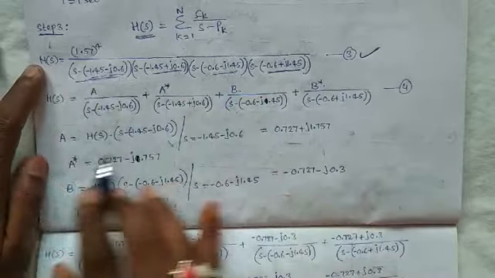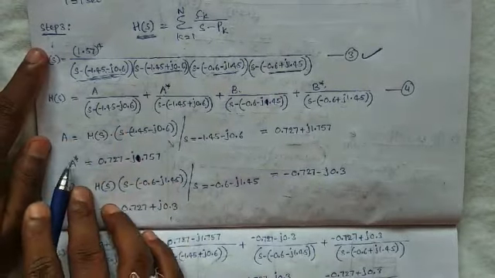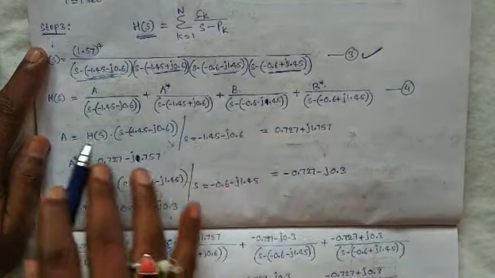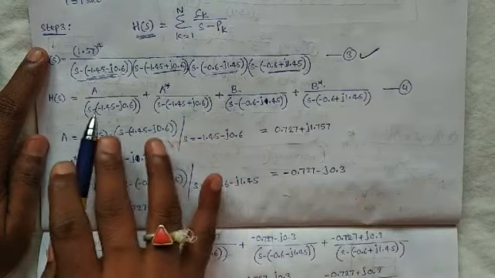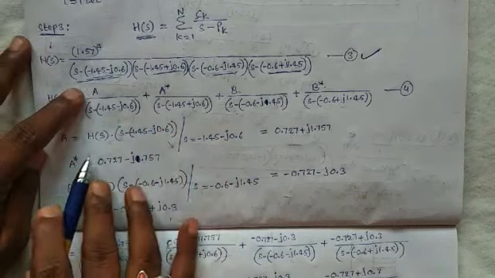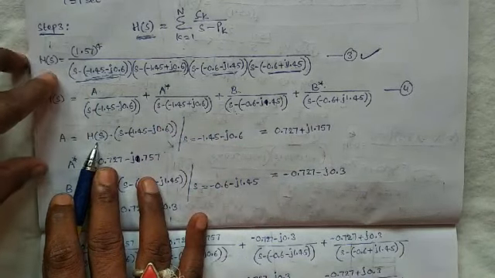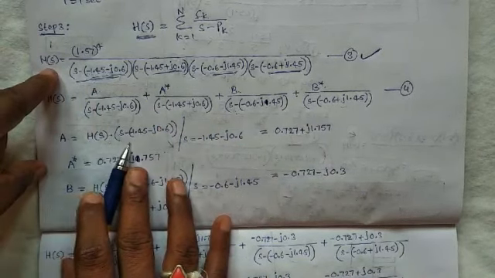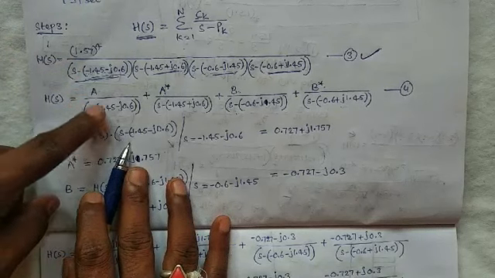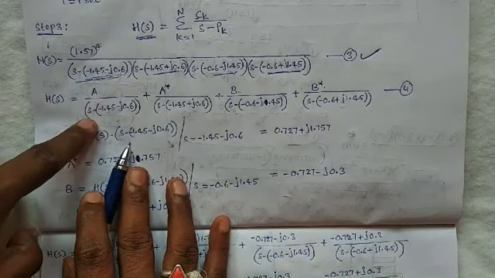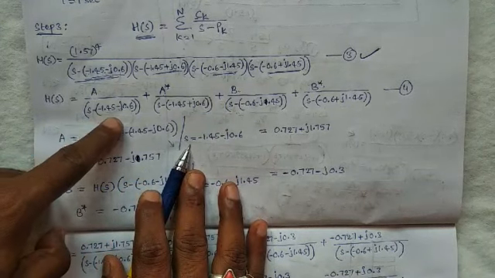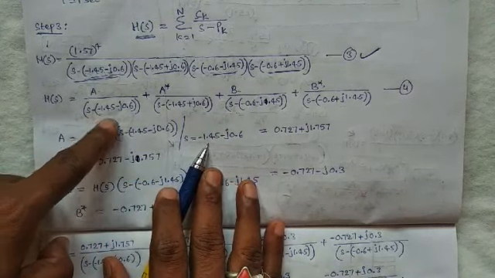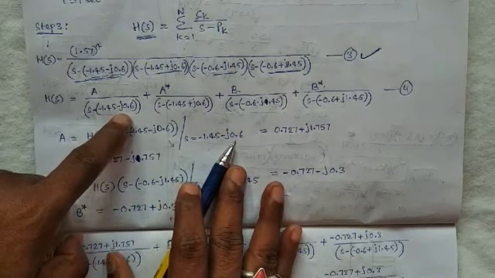Here we calculate the values of A, A conjugate, B and B conjugate. A is equal to H of s into its denominator factor, evaluated by equating that denominator to 0, that is s equal to minus 1.45 minus j 0.6.